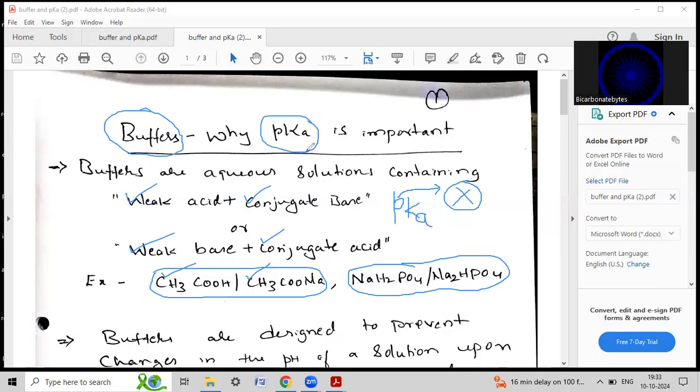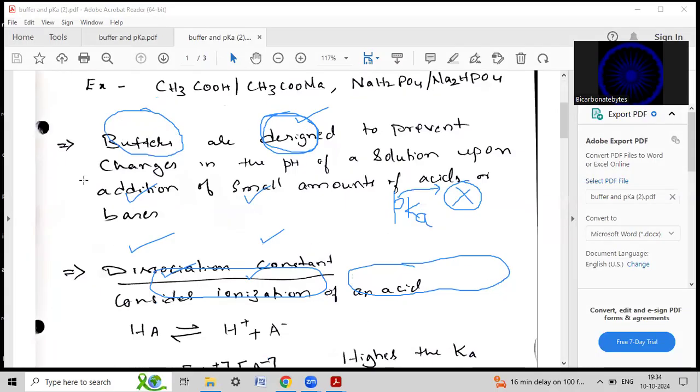So this is the background with which I'm making the idea. I think there are a lot of videos online about how to make buffers or that explain the buffering mechanism, but I think it's still important to appreciate the pKa of a given acid, or pKb of a given base, when it comes to making the right choice of an acid or a base respectively, for making either an acidic buffer or a basic buffer.